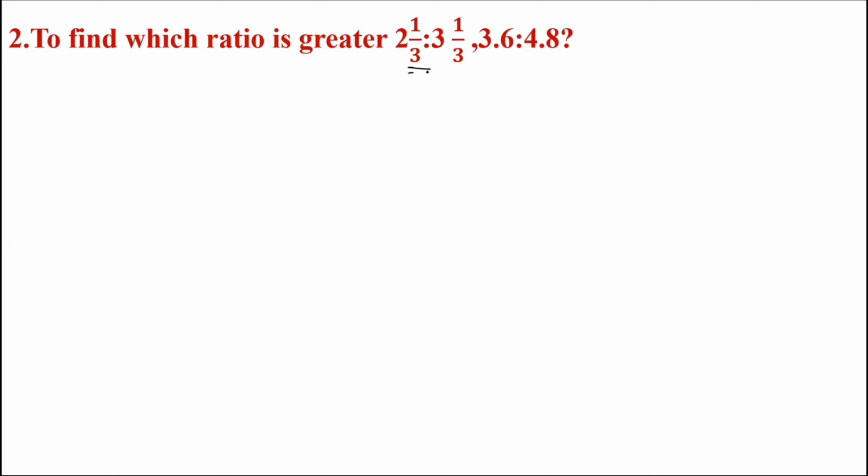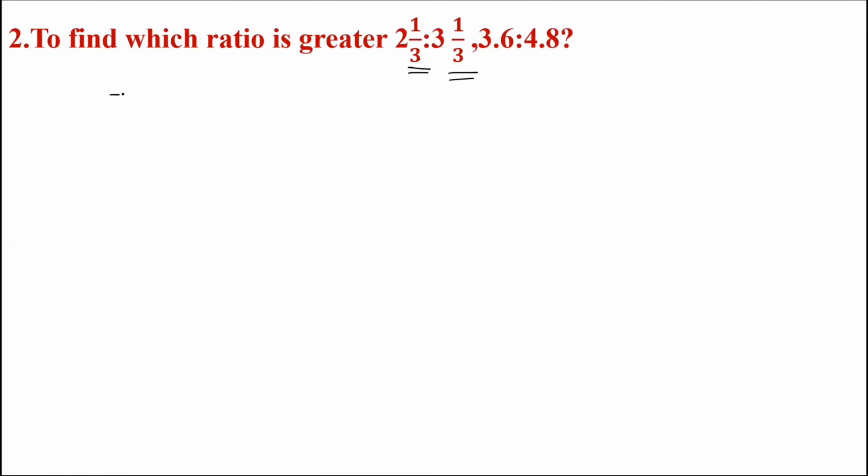First, this is a mixed fraction. Convert it into a normal fraction. How to convert? 3 into 2 is 6, 6 plus 1 is 7, so 7 by 3. And 3 into 3 is 9, 9 plus 1 is 10, so 10 by 3. So the ratio becomes 7 is to 10, because the denominators are equal.